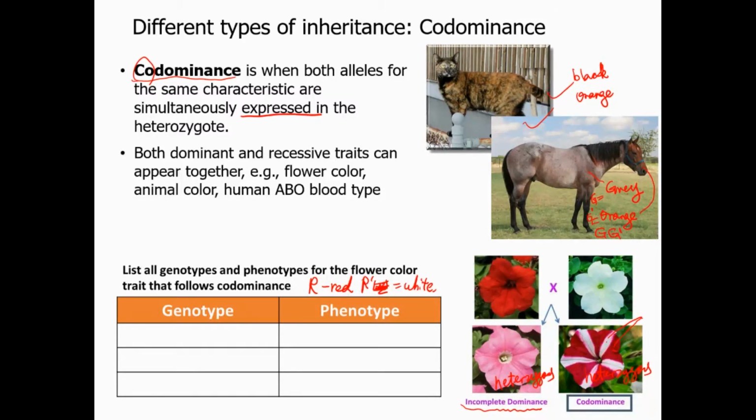So that works too. Now, genotype, big R, right? So that's going to be red. So what about R prime? Right, that's going to be white. Oh, that's the key now. This is the most important one. What about you have R R prime? What will be your color? Right, red and white. You have that patchy color, right?